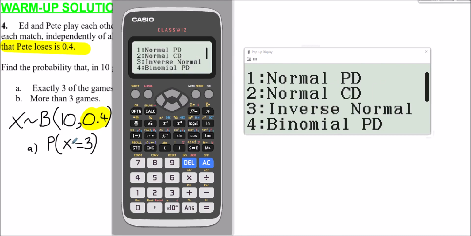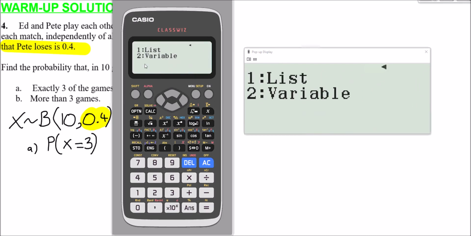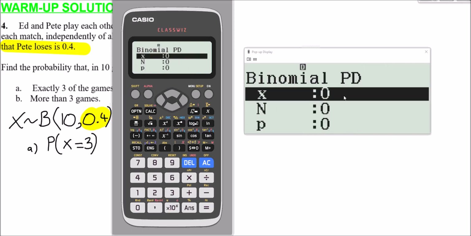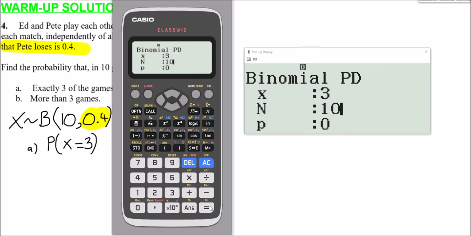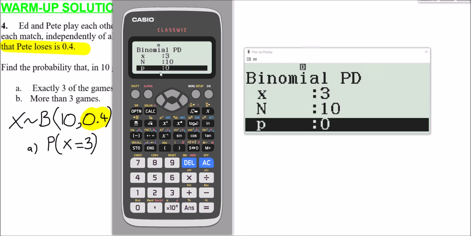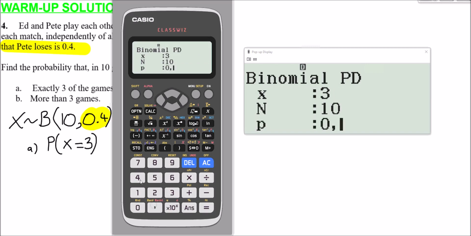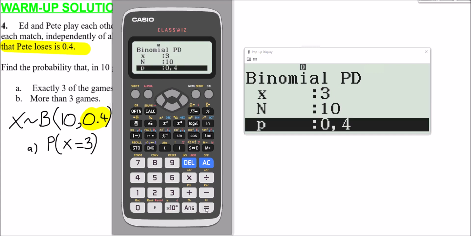Because we want an exact probability, X equal to 3, we choose binomial PD, press 2. Now we type in the parameters. X is 3, n is 10 games, and the probability of him losing just 1 is 0.4. Press equals, and the calculator will do the legwork for us.